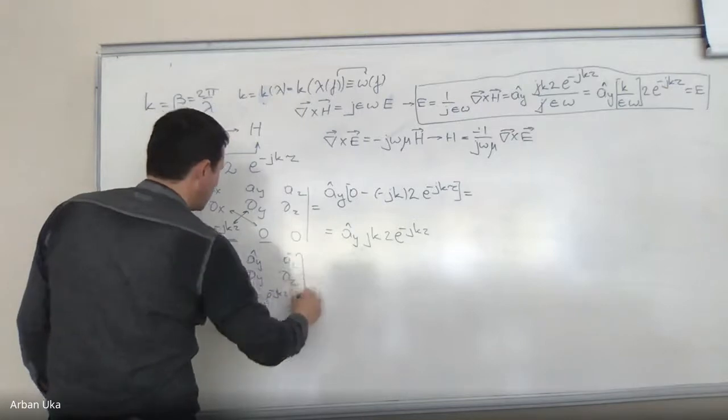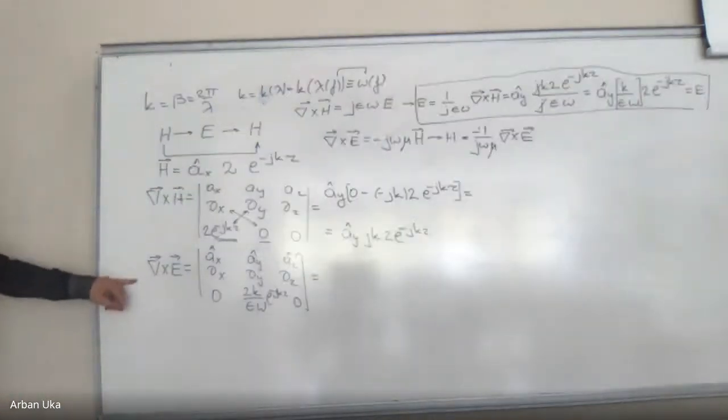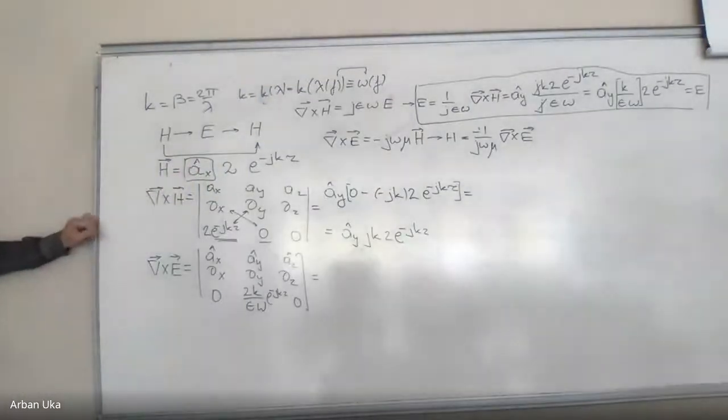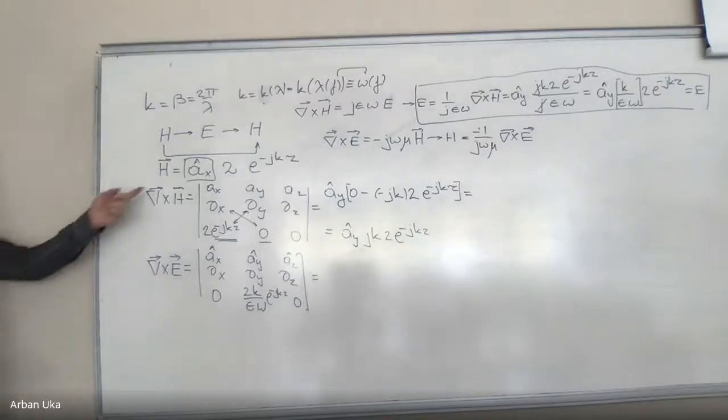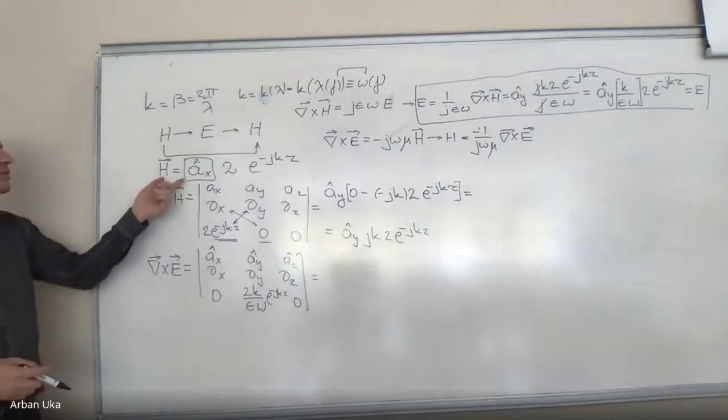This is 0. So now, what should be the direction of this curl of e? Should be x, right? Because we should find from here the h. And by the way, we had h along the ax, so the curl of this one for sure is going to be perpendicular to this.